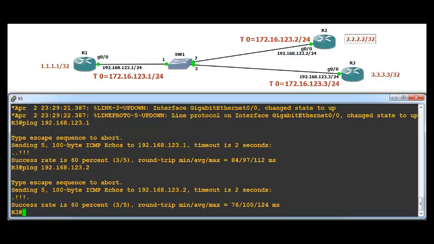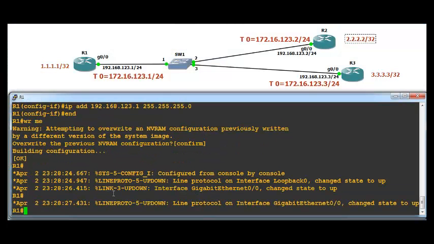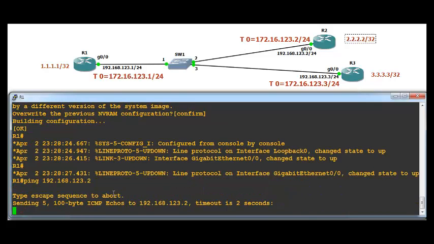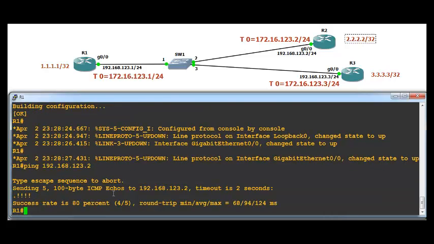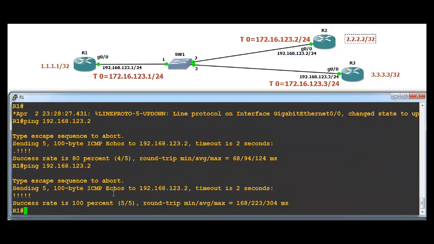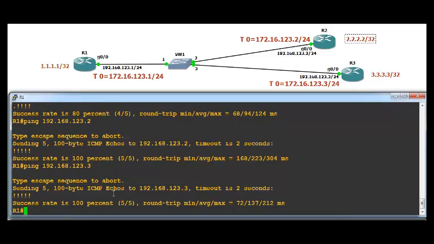So this reachability is what we need to negotiate the tunnel. Now R1 can ping 192.168.123.2 as well as .3. If this reachability is there, we are good to go.